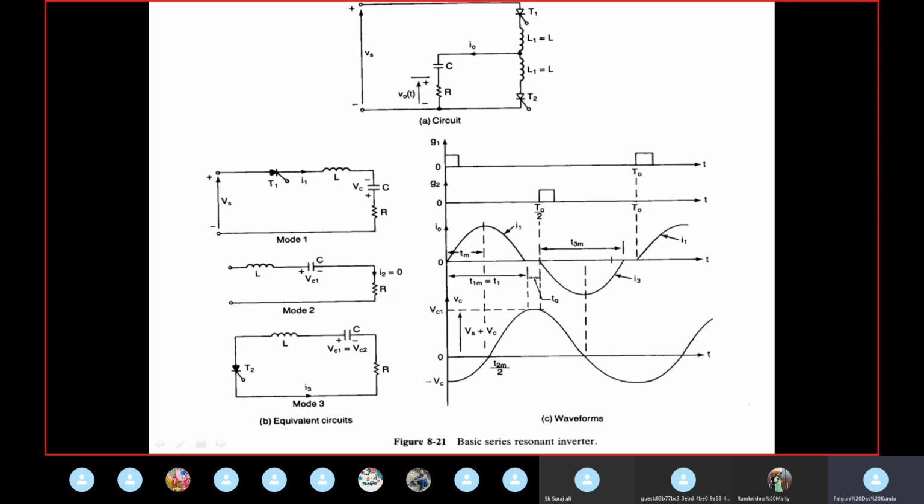This load current can be found if we write the KVL equation across this circuit: L di3/dt plus R i3 plus 1 by C integration of i3 dt plus Vc3 at t equals 0 is equal to 0, with the initial conditions i3 equals 0 at t equals 0, and Vc3 is nothing but minus Vc2 equals minus Vc1. This is negative.